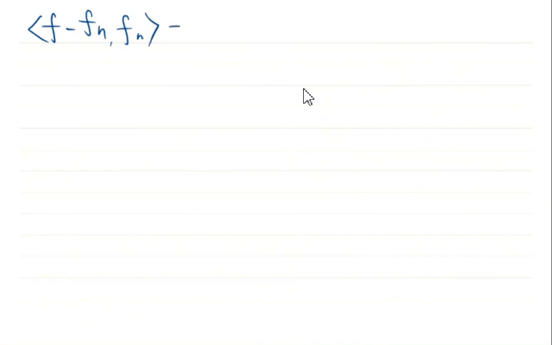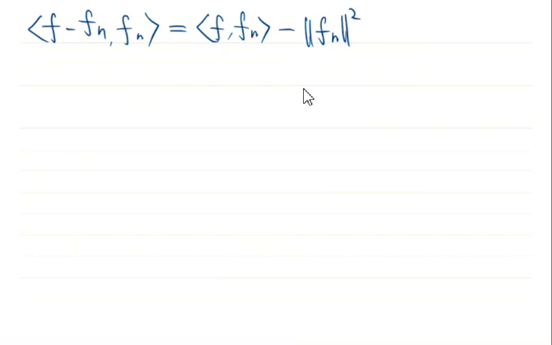Now, we make some computation. We compute the inner product of f minus fn with fn. What's this? So this is the inner product of f and fn, minus the inner product of fn with itself, that is the norm of fn squared.